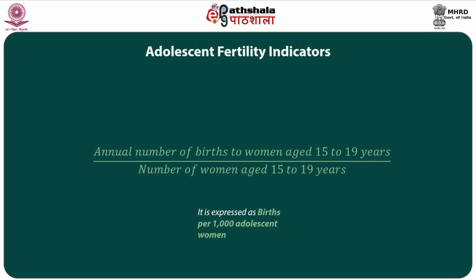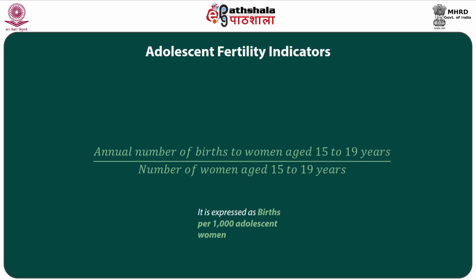Relating to fertility, we looked at the total fertility rate. Total fertility rates always talk about the general population, whole of the population, whereas adolescent fertility specifically talks about the adolescents. The indicator in this case is adolescent birth rate. This is the annual number of births to women aged 15 to 19 years divided by the number of women aged 15 to 19 years.